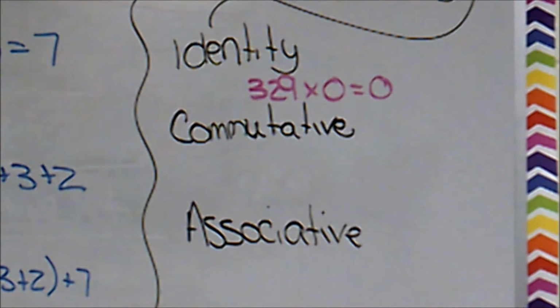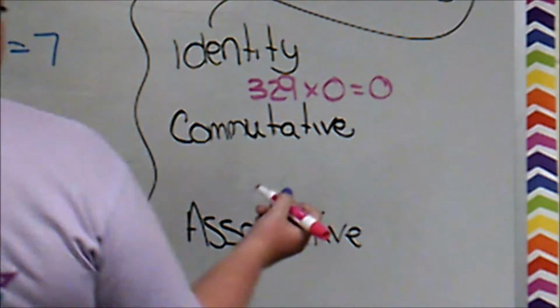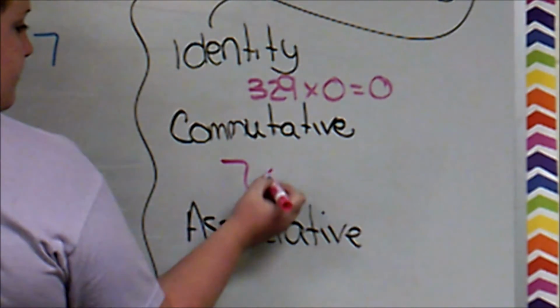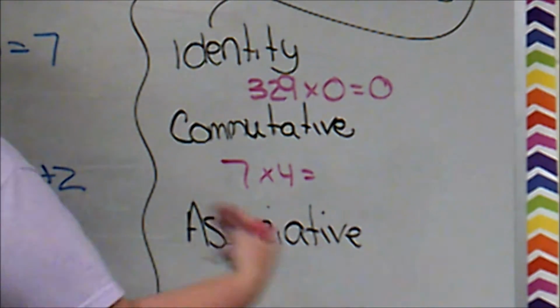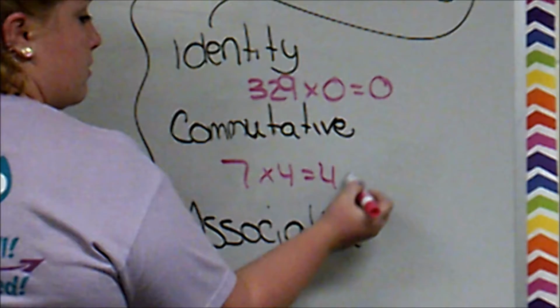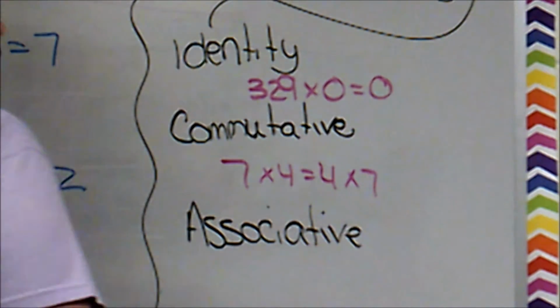Now my commutative property simply says I can multiply any numbers in any order and still get the same product. So what that means is 7 times 4, which I know is 28, is also the same product as 4 times 7.